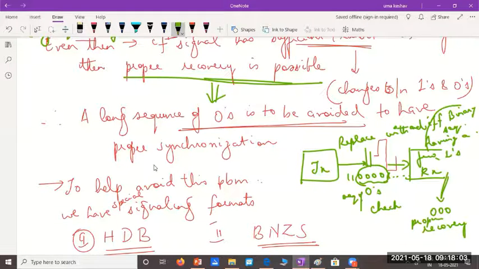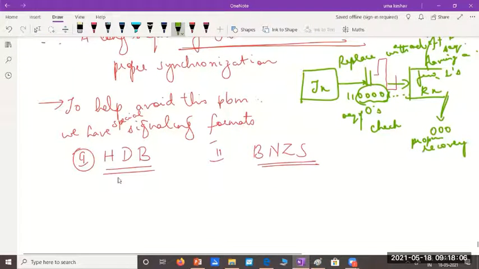And those two very important schemes which help us in overcoming the problem of bipolar signaling or bipolar line codes are HDB, also known as high density bipolar signaling or high density bipolar coding, and the second scheme is BNZS, binary with N zero substitution.